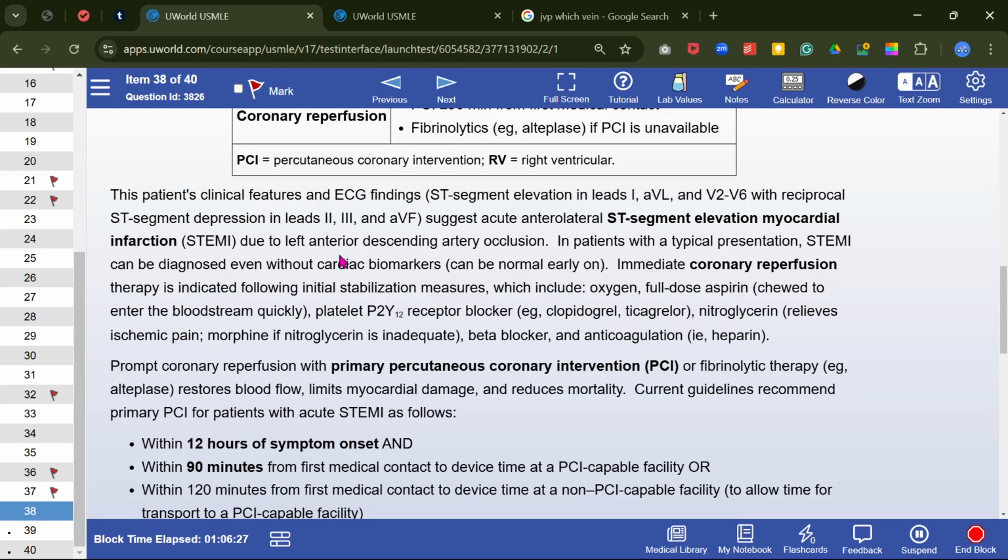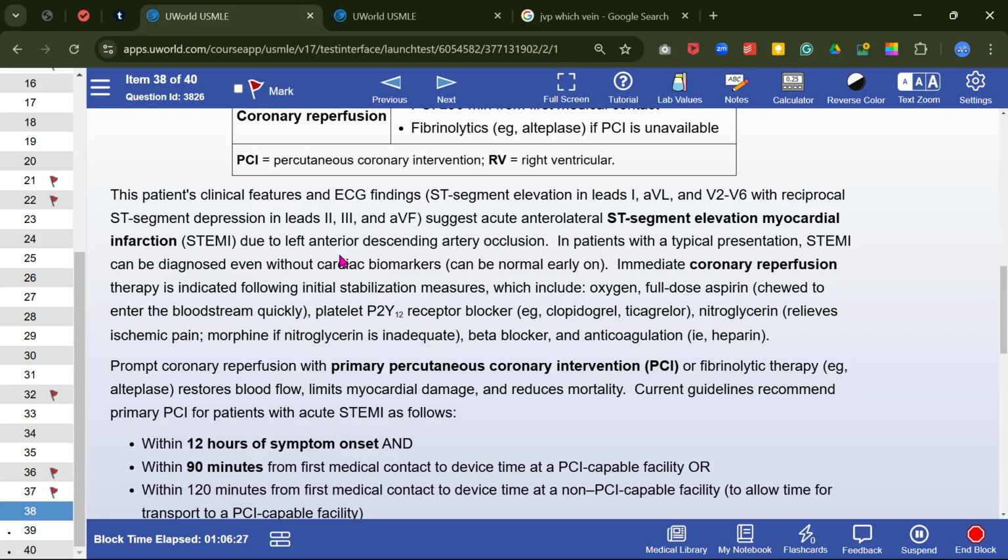Prompt coronary reperfusion with primary PCI or fibrinolytic therapy. Alteplase restores the blood flow, limits myocardial damage, and reduces mortality.